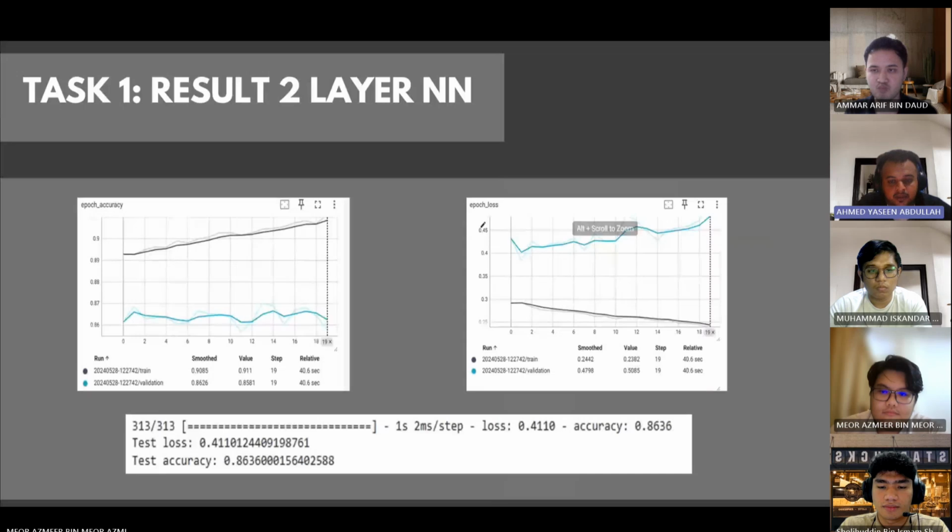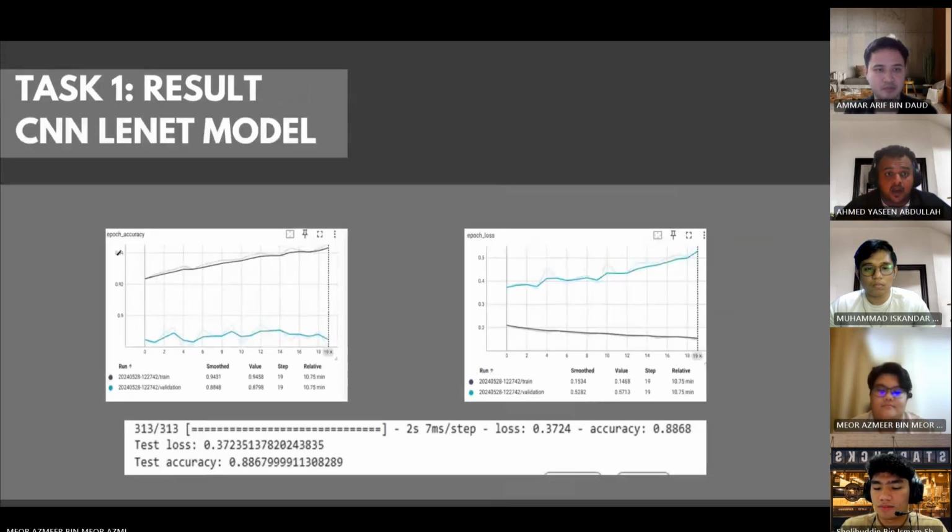For the two-layer training and test, we get 0.4110 for the accuracy and 0.86 for the loss. Next, the result for the CNN LeNet model. For the best accuracy, we get training 0.9, and the best validation 0.5.